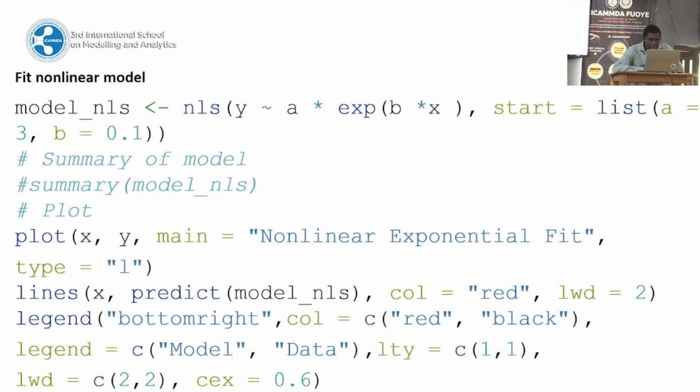A times exponential bx. So if it's another model that I want, I will still be the one to specify that. Yes, so the model is specified already here. A times exponential bx. That other one, linear model, I don't have to specify it.